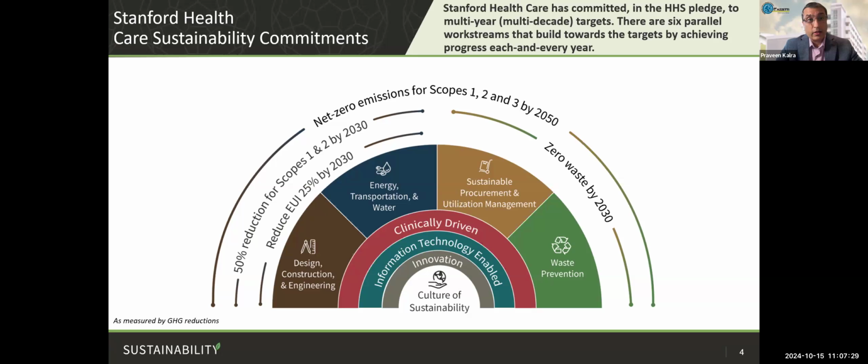Reducing our energy use intensity by 25% as compared to our 2022 baseline when we signed that pledge, with our eventual goal of net zero emissions from scope 1, scope 2, and scope 3 by 2050. So these are the 3 big ambitious goals which Stanford Healthcare decided to implement and started working on.